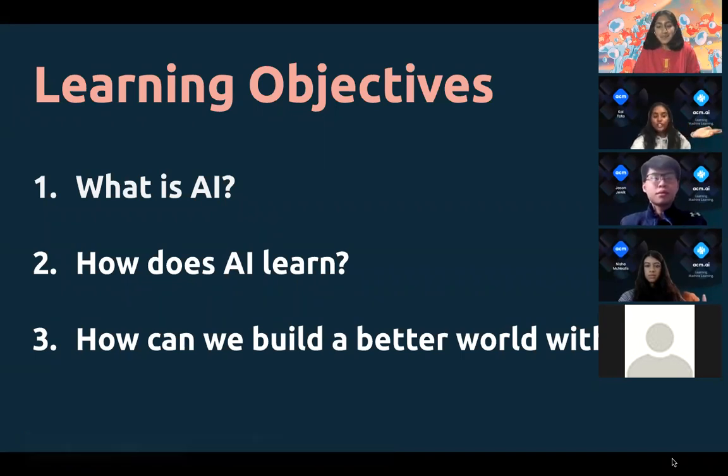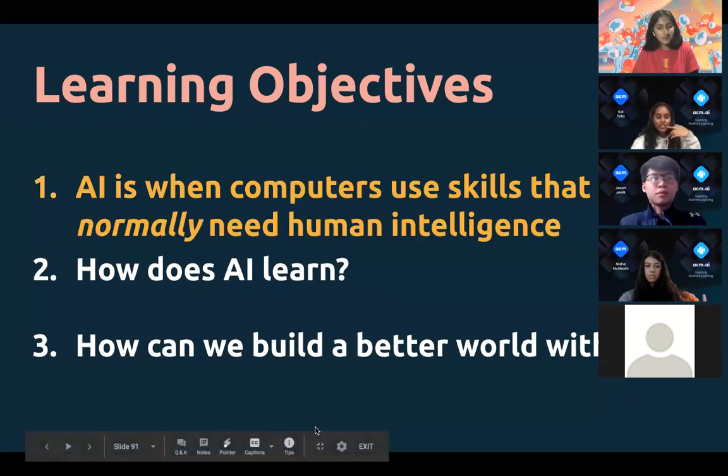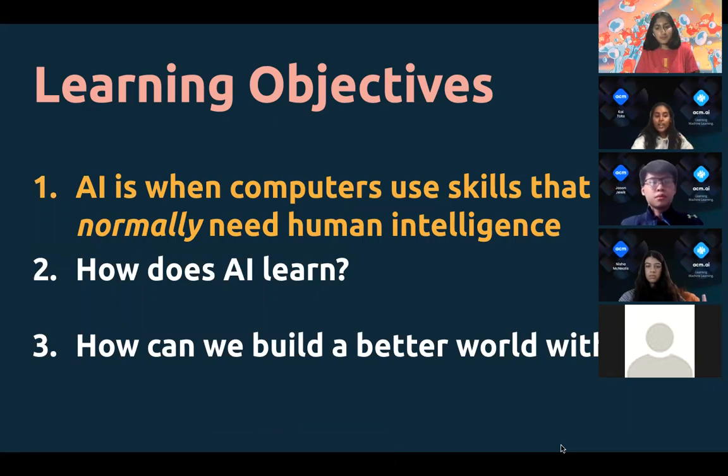We learned what AI is: when computers use skills that normally need human intelligence. We talked about ANI and AGI, and hopefully you understood the difference, that ANI is very specific and AGI, as the term is pretty self-explanatory, artificial general intelligence, is pretty broad.